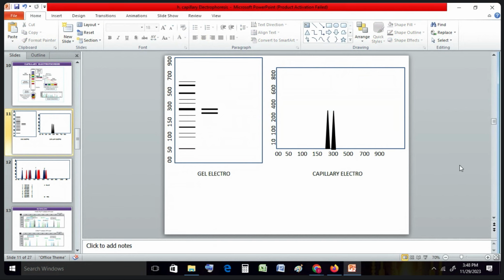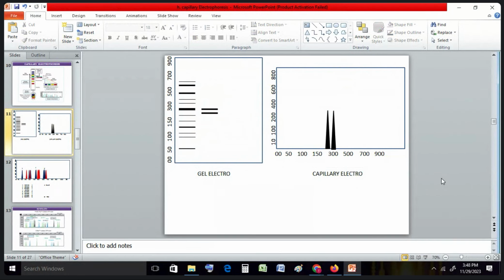From 0 to 100, 150, 300. So this should be the 280 band or peak, and this should be 300. The same product, if you run in the capillary, you are going to see 2 peaks for that specific PCR.